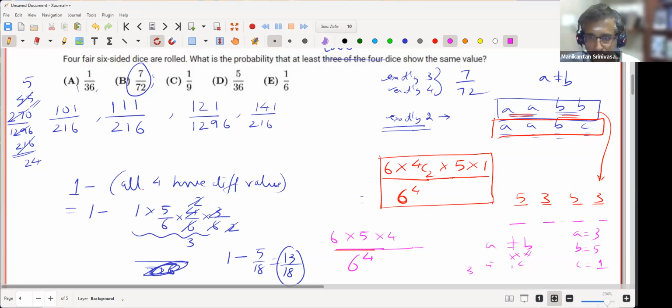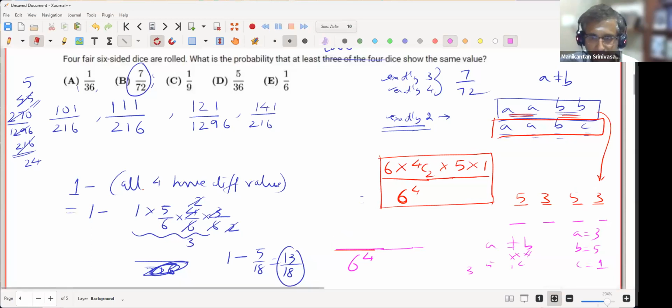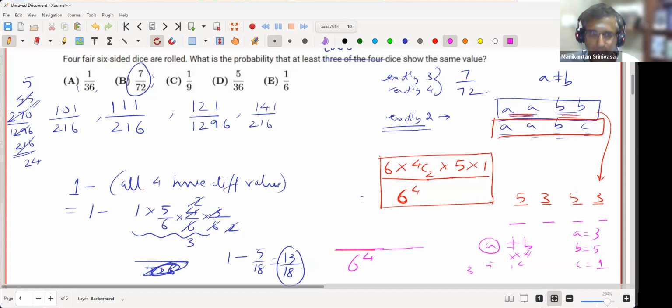Okay. Now I take it a little back. I'll have to select 3 different values, and I decide a priori that my first value that I choose will be the repeating one, the one which will appear twice. The other 2 will appear only once. So first I get to select one number which I know ahead of time will repeat twice. In my case, I've decided that my number will have 2 3s and then 1 5 and 1 1.